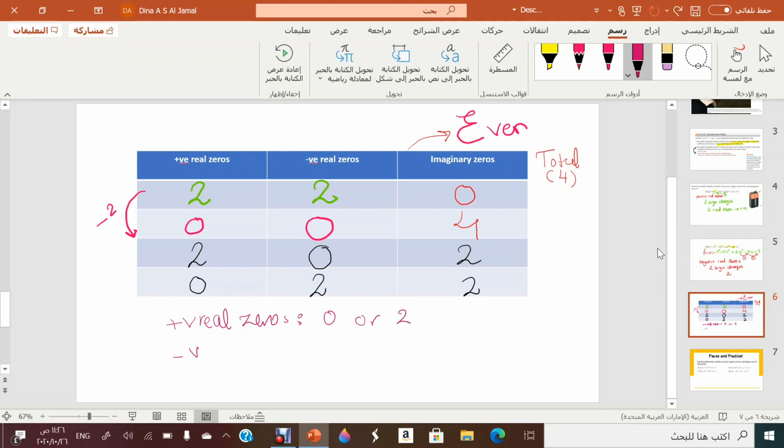The negative real zeros, you have 0 or 2 again. Now what about the imaginary? It is 0 or 2 or 4.